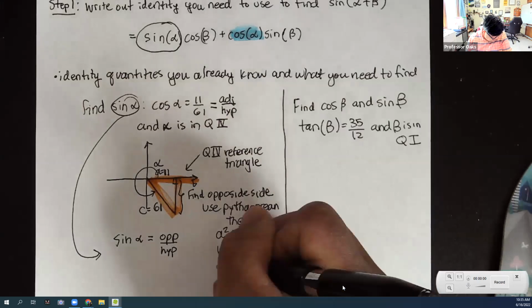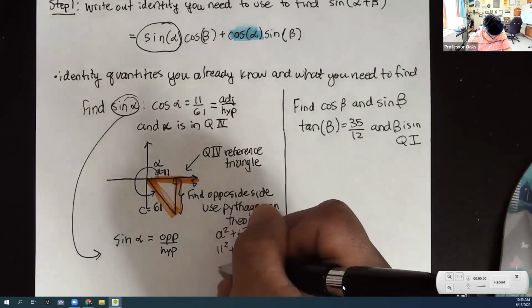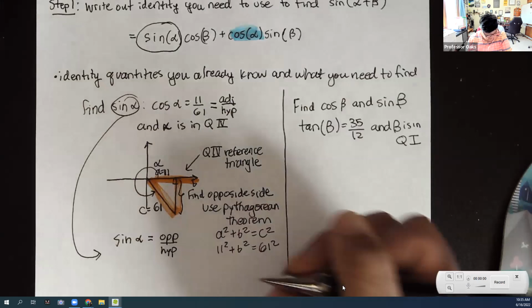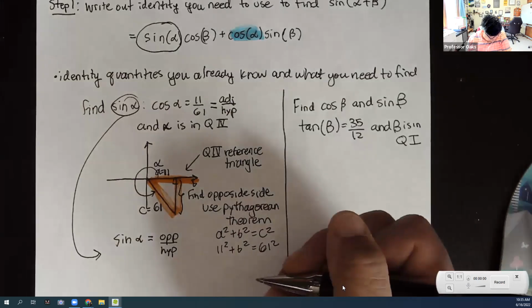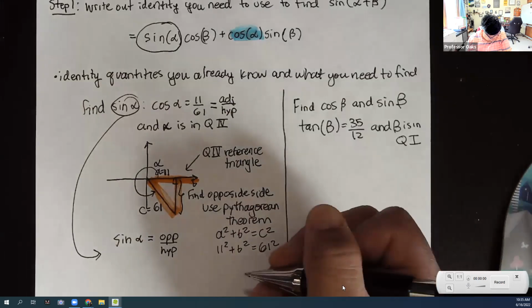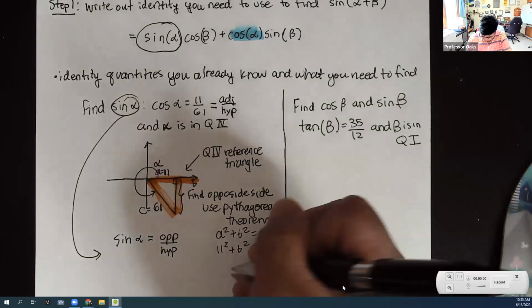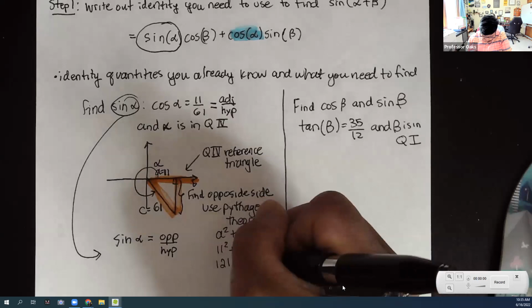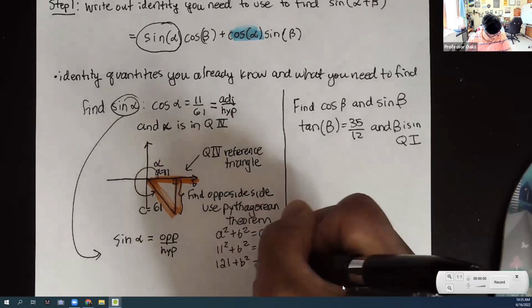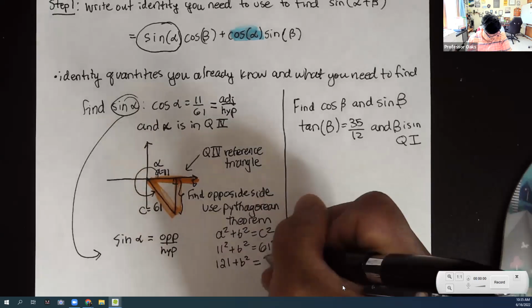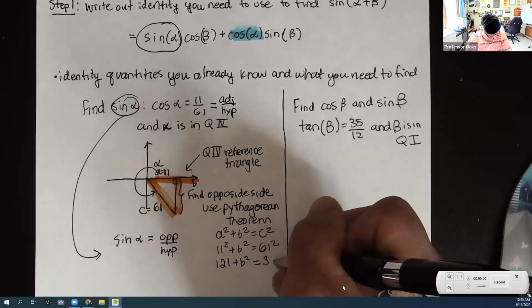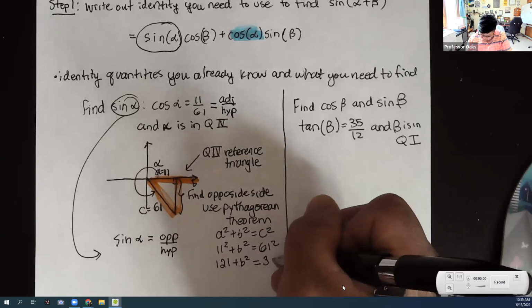So 121 plus B squared equals, I think 61 squared is 3,721.